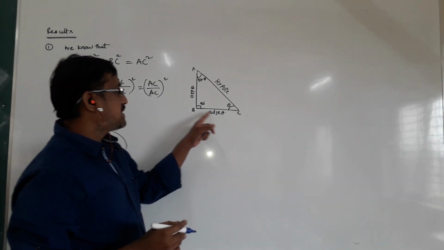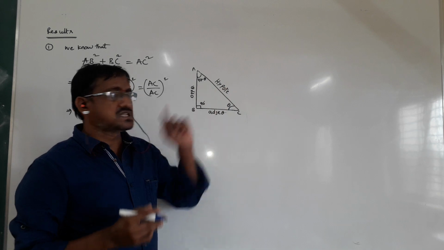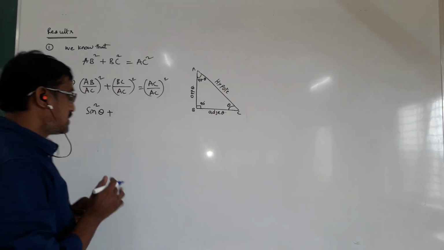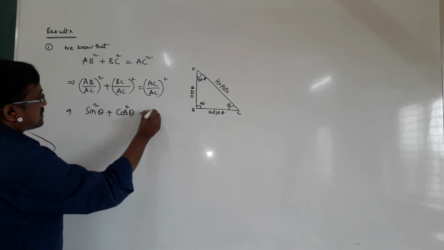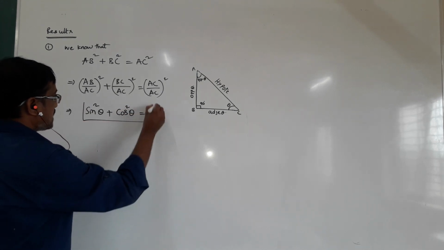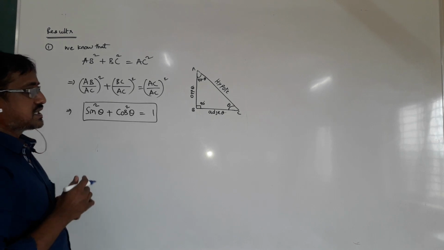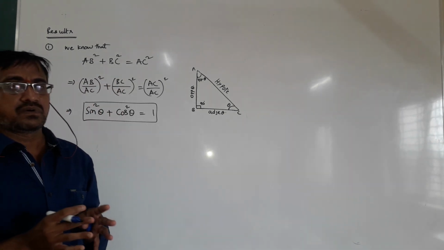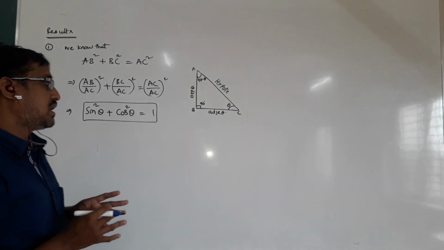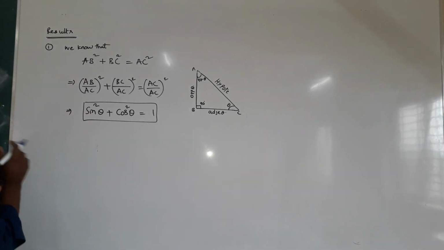And BC by AC is nothing but adjacent side to theta by hypotenuse. So you can write it like cos square theta is equal to 1. So the result is sin square theta plus cos square theta is equal to 1 for any theta belongs to capital R.